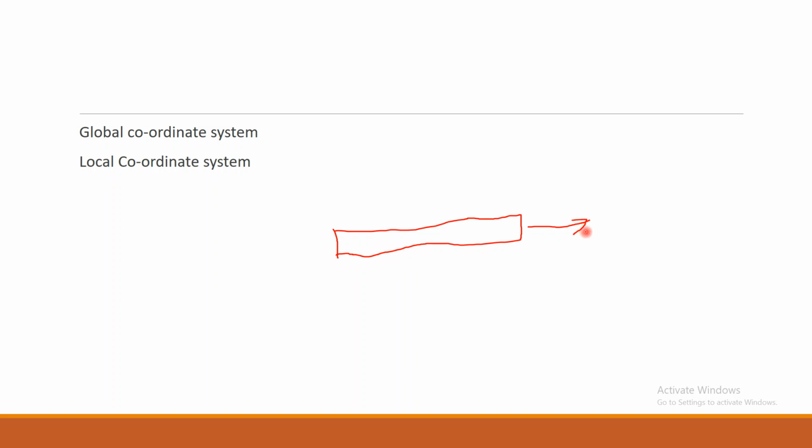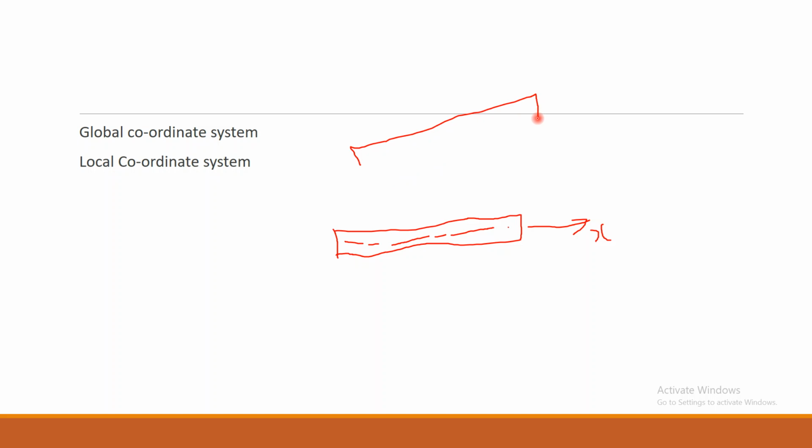The direction of the coordinate system that I have taken is along the direction of its axis. Okay, that is the actual meaning. And it may be horizontal, or it may be vertical, or it may be at any angle.